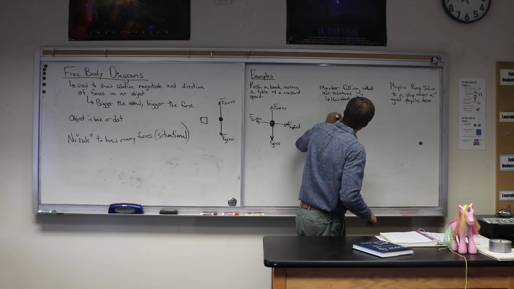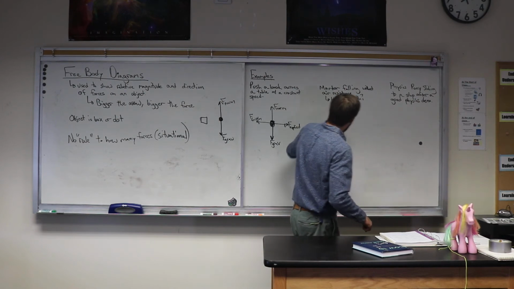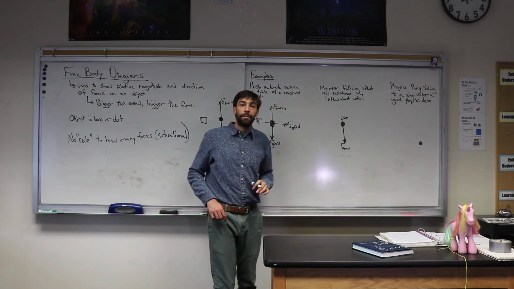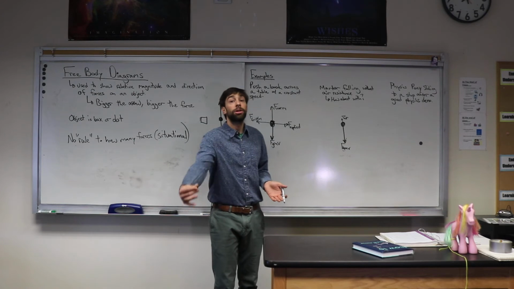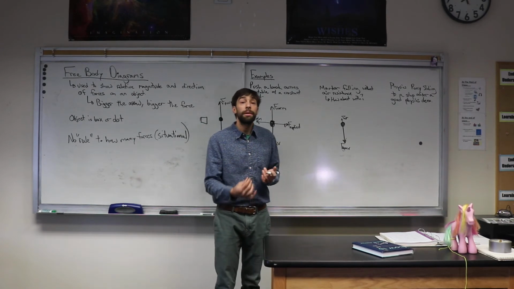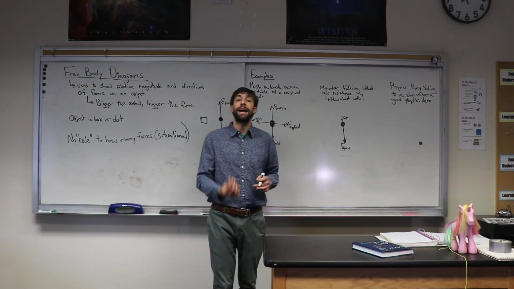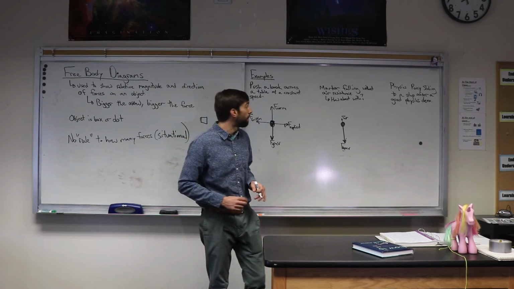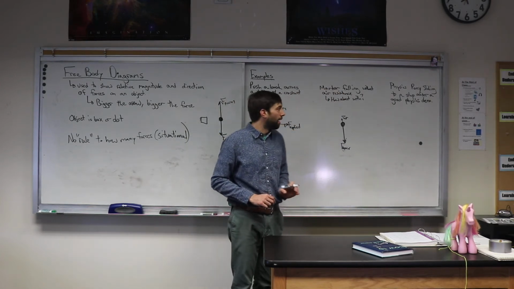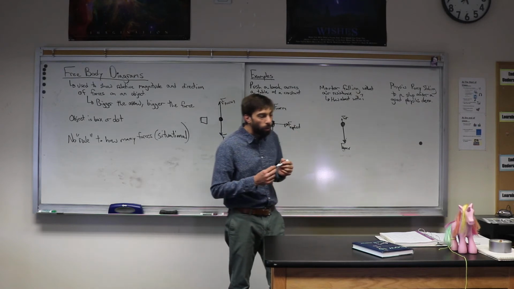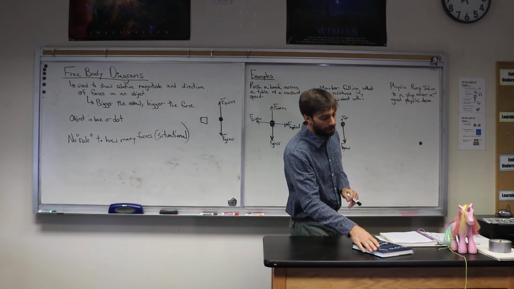But the marker is still accelerating, so we need a bigger arrow on the bottom, or an unbalanced force on the bottom, to cause the marker to accelerate, because unbalanced forces cause objects to accelerate. So, we have that. Now, I got one more example for you all.